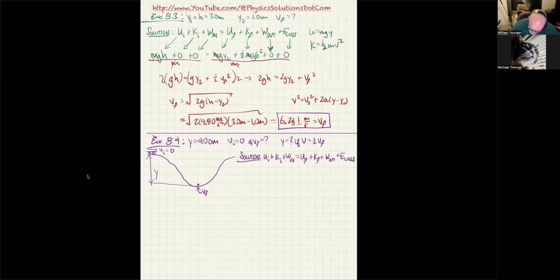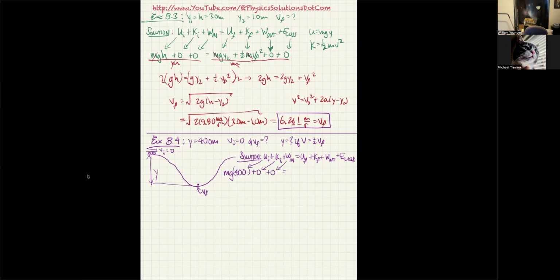So in this case, I'm going to start with nothing but potential energy. So it's going to be m times g times 40.0 meters. Again, I'm leaving the units off right now, and we don't know what the mass is yet, so we're hoping we won't need that. The initial kinetic energy is going to be 0. This is this term, this is this term, and the work in is going to be 0.